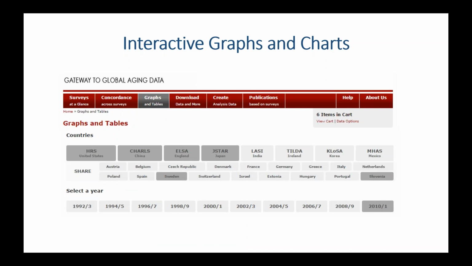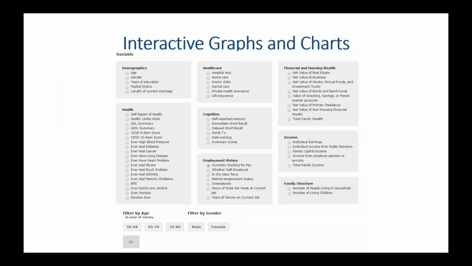So what we have is a select number of measures which you can compare using our graphs and tables here between different surveys. So you can see we've got a select measure of demographic, healthcare, health, cognition, employment, income, assets, and family measures, which you can compare between different countries. And we allow you to filter for specific ages, or you can filter by gender.